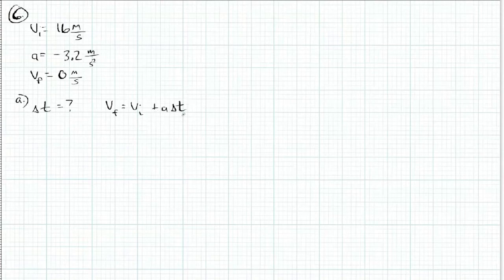Solving for delta t, we subtract VI from both sides, so VF minus VI, and then divide by the acceleration. So delta t equals VF minus VI all over acceleration.